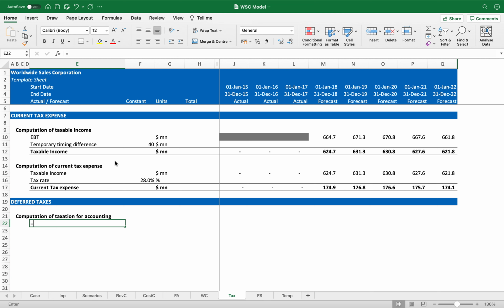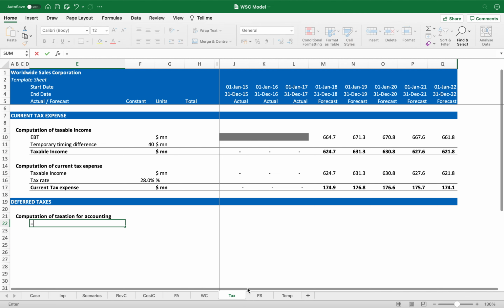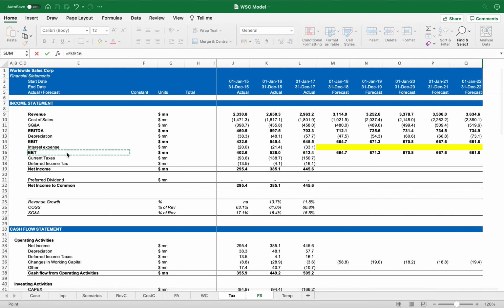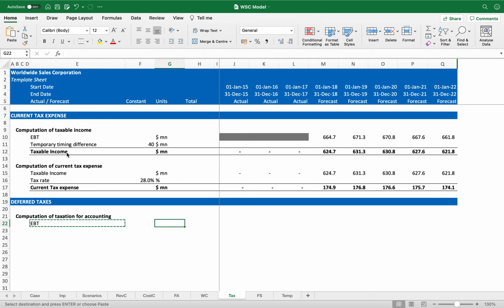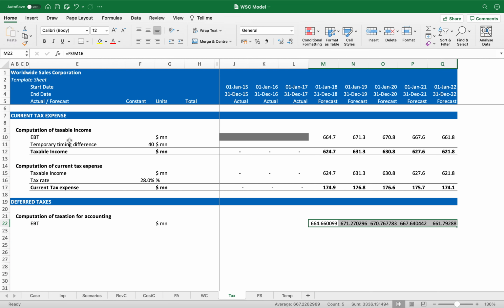What would have been the tax from accounting perspective? Very simple. EBT. I link EBT. So if you have freezed it earlier, you would have simply copied the row. Otherwise, you do this.